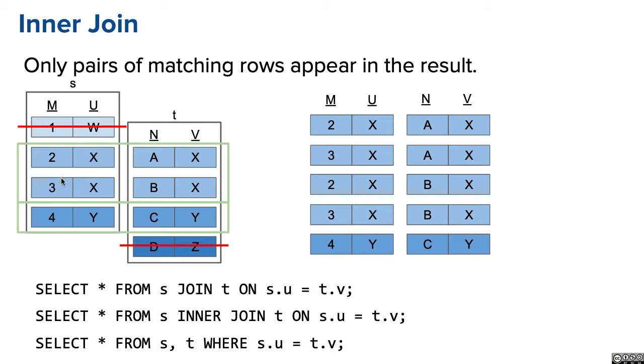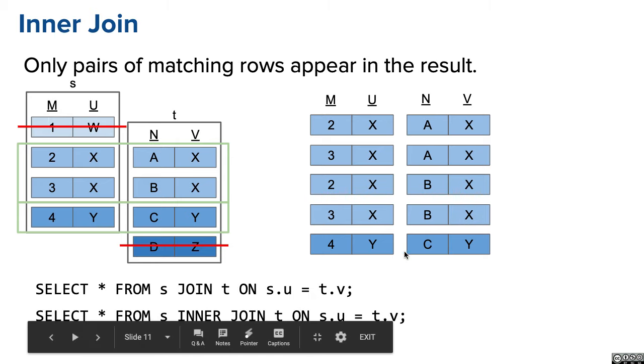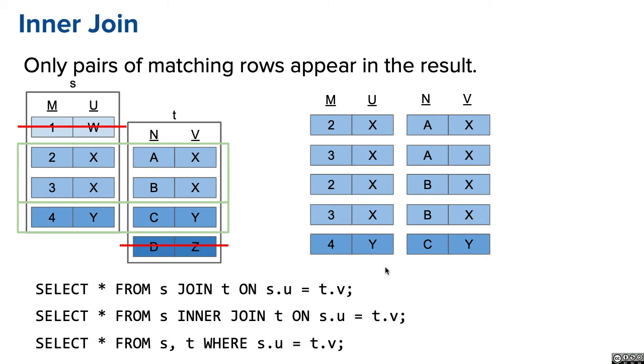And this row with 3 in the m column is paired with both rows a and b in the t relation. Okay, so that's why you have all the possible combinations of x values here. But since there's only 1 y value in the s and the t table, you only have 1 row in the result. If there were 2 rows with the y value in the t relation, then you would have 2 rows here for the inner join. That's a good question.